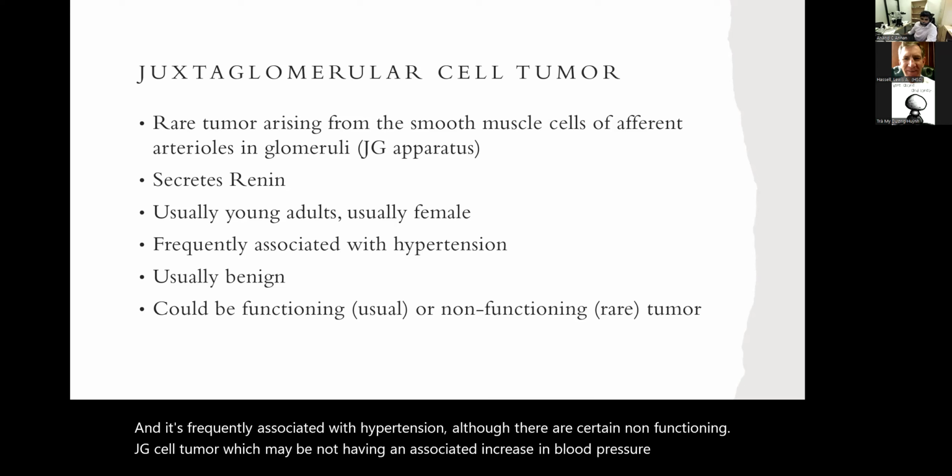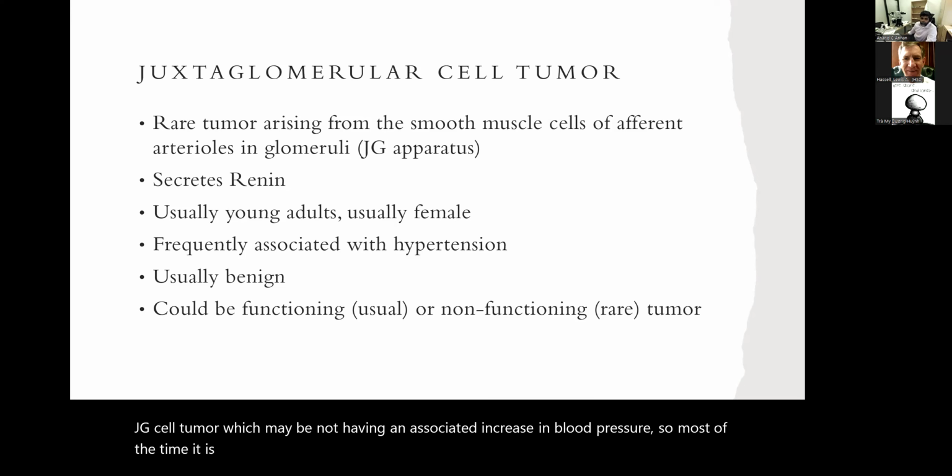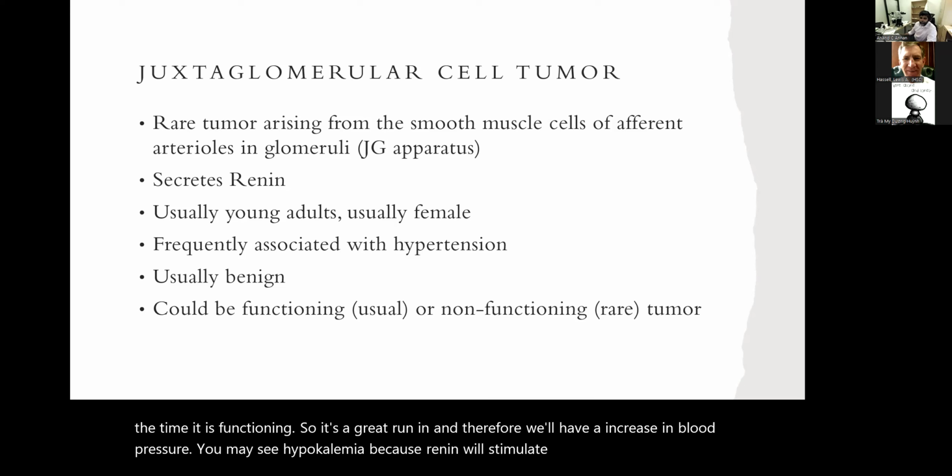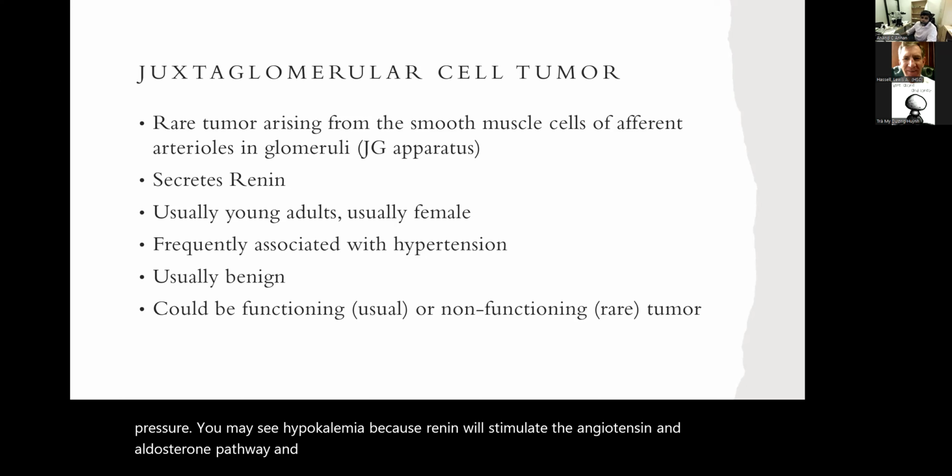So most of the time it is functioning, so it secretes renin, and therefore you'll have an increase in blood pressure. You may see hypokalemia because renin will stimulate the angiotensin and aldosterone pathway, and aldosterone will cause hypokalemia.